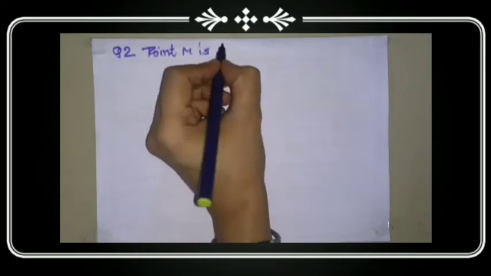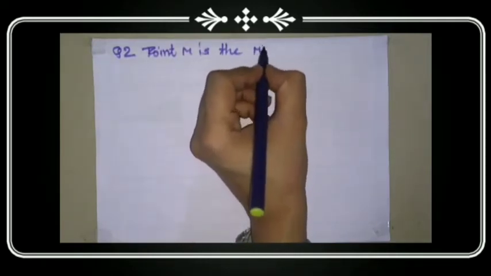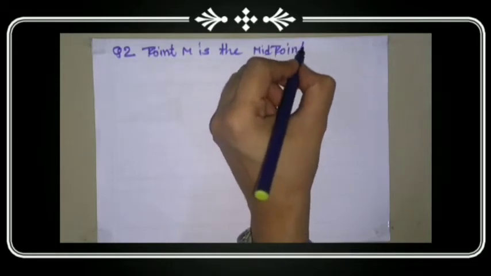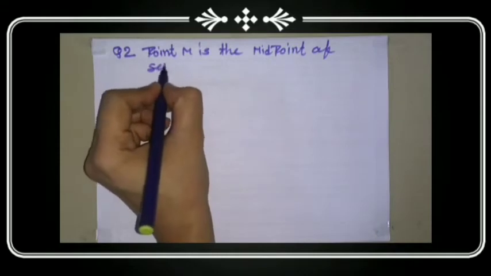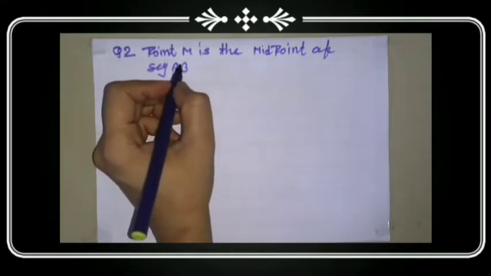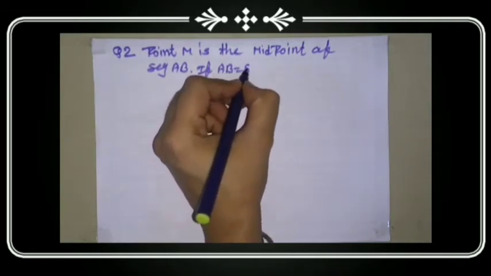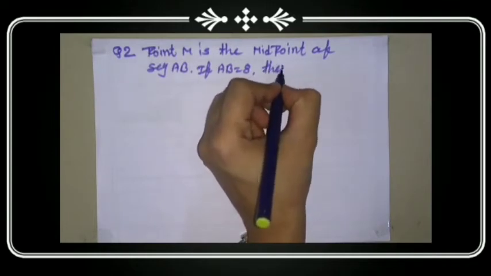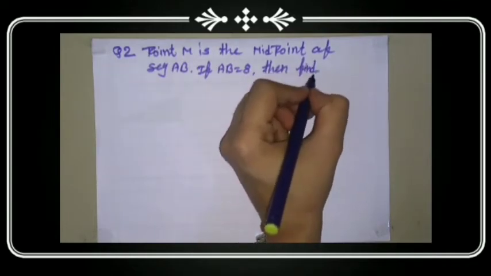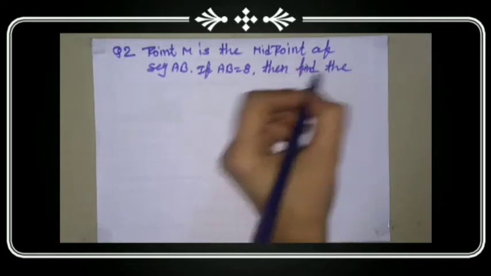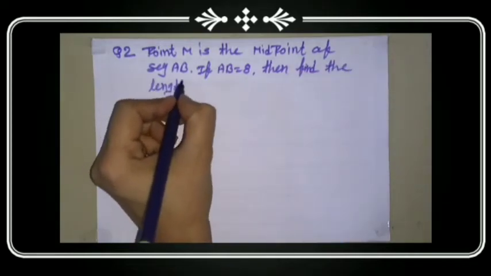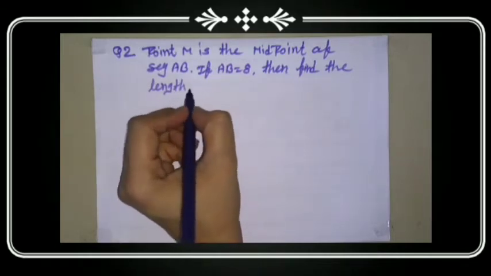Question number second. Point M is the midpoint of segment AB. If AB equal to 8, then find the length of AM.